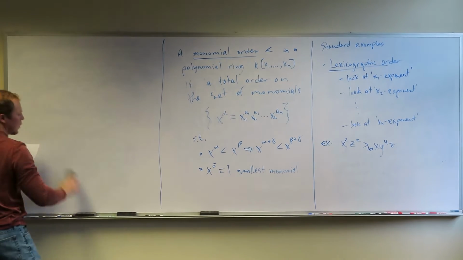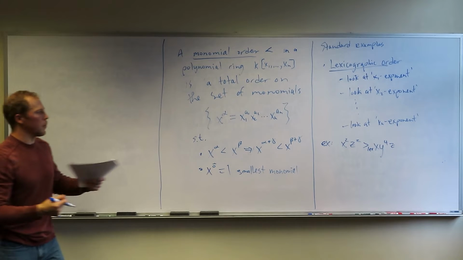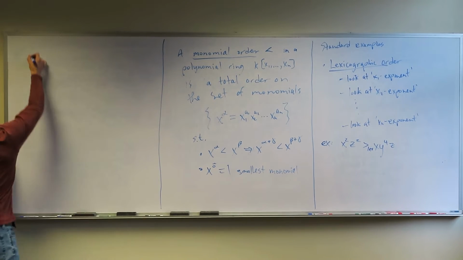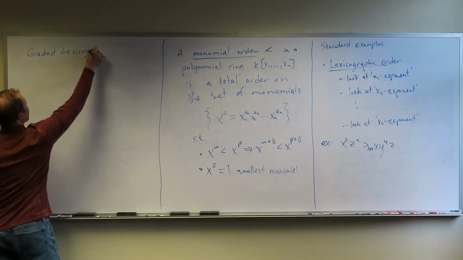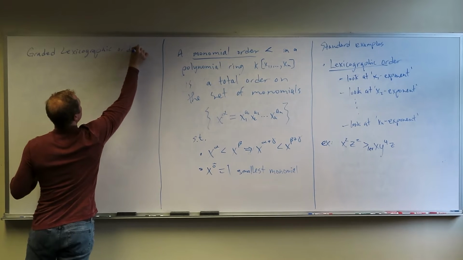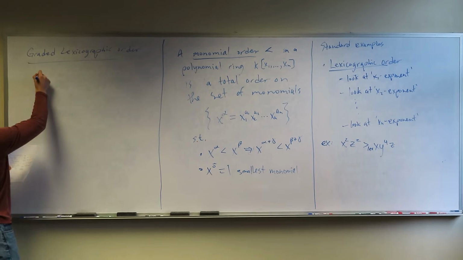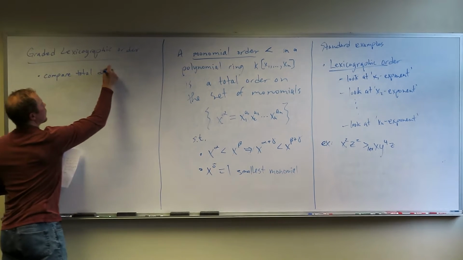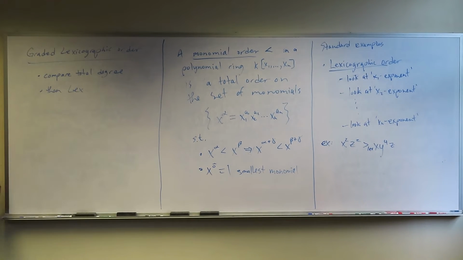Okay, so the next monomial order is for when you care about having your total degree play a bigger role in this order somehow. The way that we can do that is with graded lexicographic order. The way this one works is really similar, but at the beginning, we're going to first compare the total degree, and then break ties with lex.